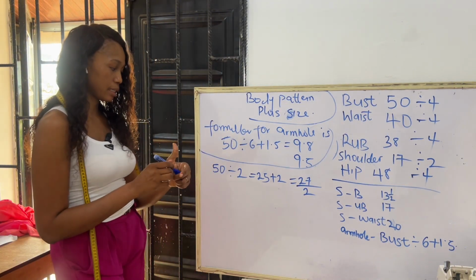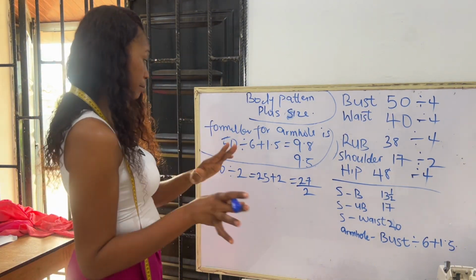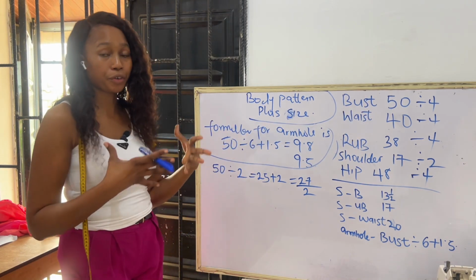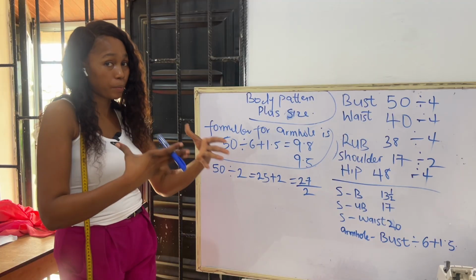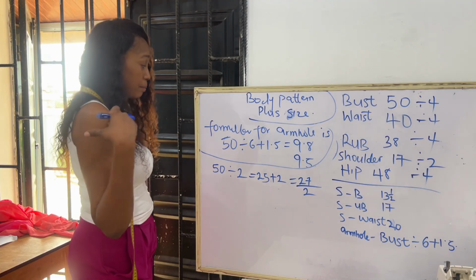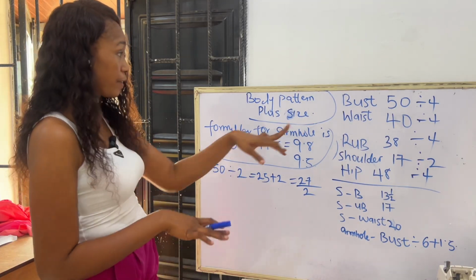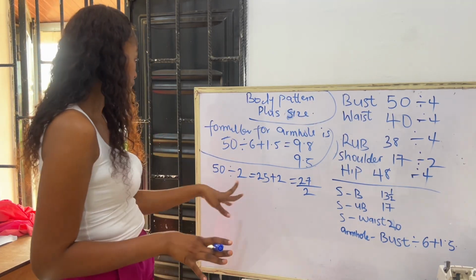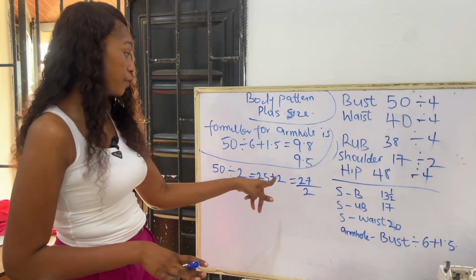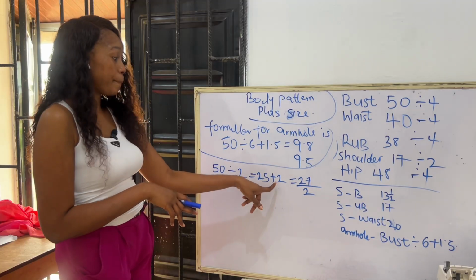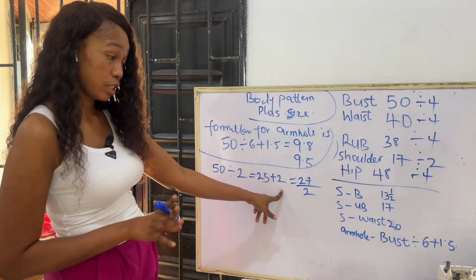I don't know if you understand this point. Let me come again. For a busty person, to get the accurate measurement for the bust area, because the bust is fuller than the back, you divide the person's bust by 2, which will give you 25. Instead of dividing by 4, you divide by 2, which gives you 25, plus 2 inches. Do you understand?